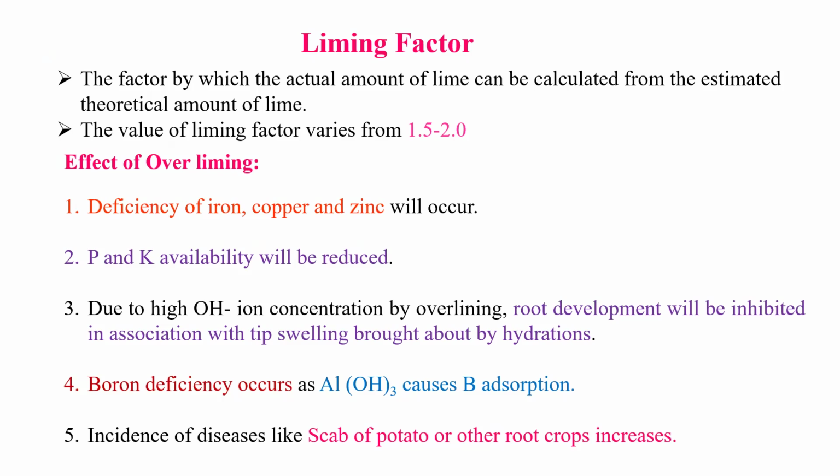Due to overliming, more OH ions are present, thereby root growth is inhibited. Boron deficiency is seen, and there is also incidence of severe diseases, which include scab of potato and other crop diseases.